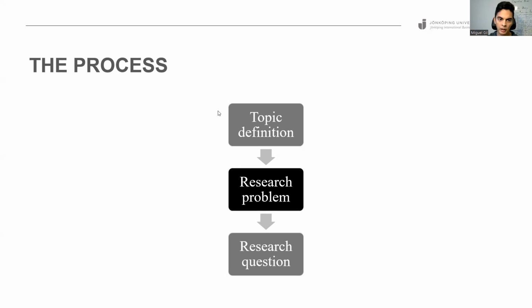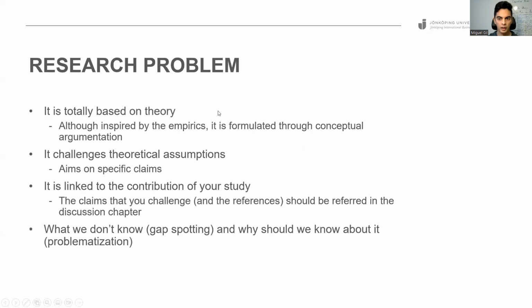So let's begin with the same structure, a very brief introduction about what a research problem is. We already talked about it before, but a little bit more about research problem and problematization is that the first thing is that it is totally based on theory. I wouldn't even say 99%, I would say 100% based on theory.